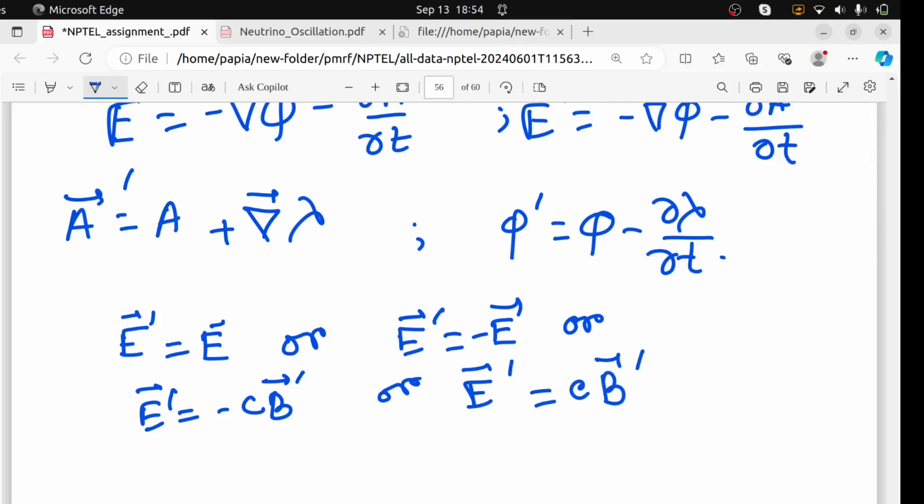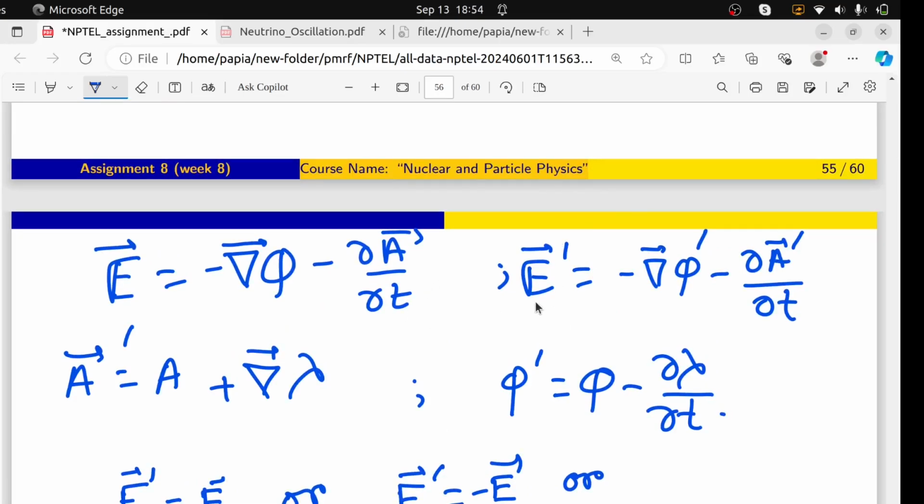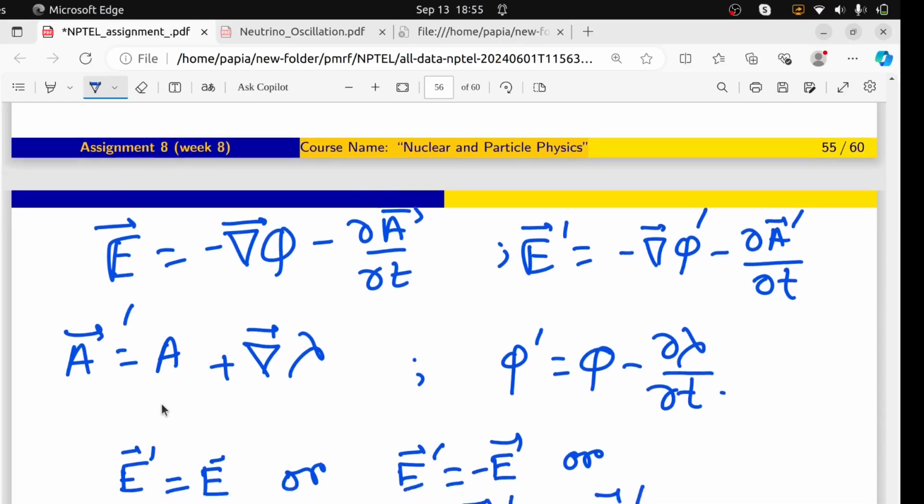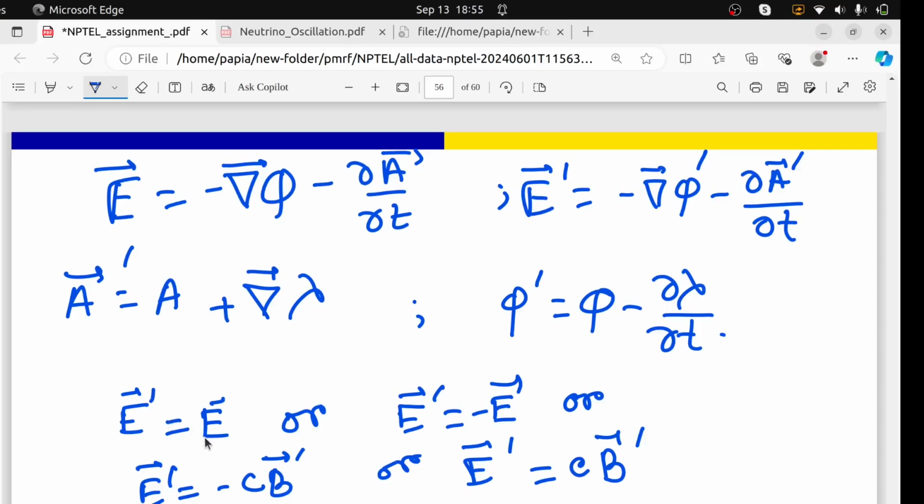So what does this mean actually? Whatever the prime is there, that is after transformation from one frame to another frame. So E was in the previous frame and E prime is the final field after the transformation with some condition. The transformation is such that A prime is equals to A plus grad lambda and phi prime equals to phi minus del lambda del T. Now we have to check whether E prime is equals to E, or E prime is minus E, or E prime is minus CB prime, or E prime is CB prime.